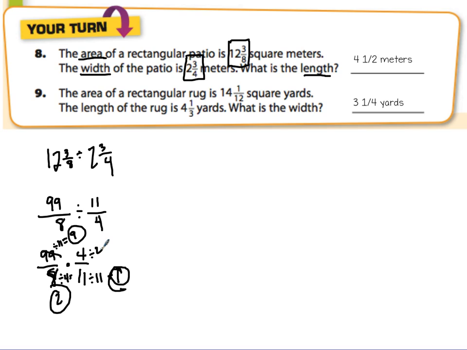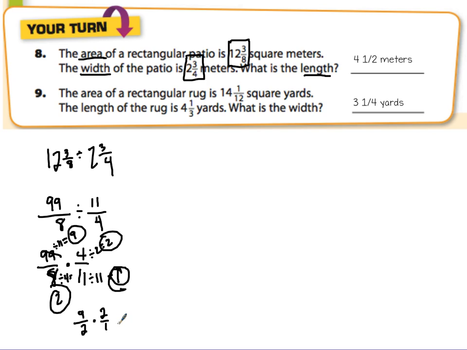And 4 divided by 2 gives me 2 as a new numerator. So now my problem is 9/2 times 2 over 1. If you wanted to do 99 times 4, go right ahead, but this is why cross simplification works out really nice, because now I get to do 9 times 2 instead of 99 times 4.